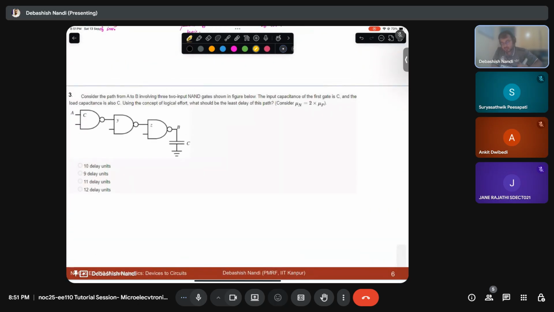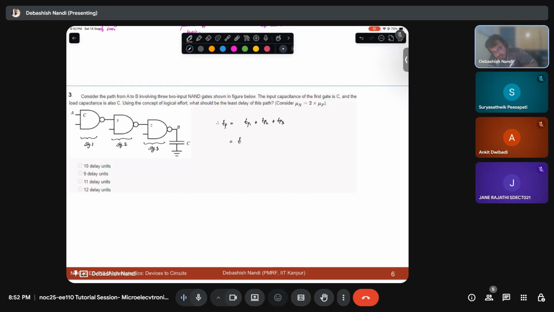So okay, this is a chain of logic gates, not inverters. So what will be TP? Let's say this is your stage 1, this is your stage 2, this is your stage 3. So TP will be TP1 plus TP2 plus TP3.